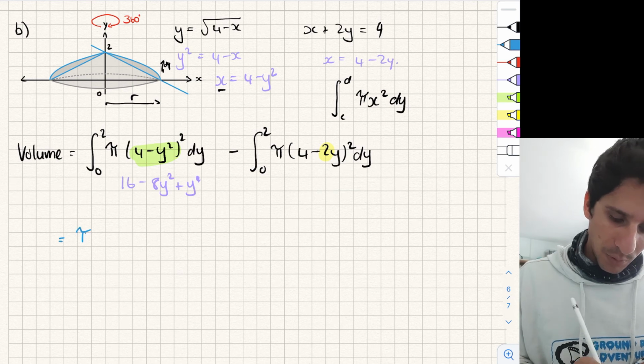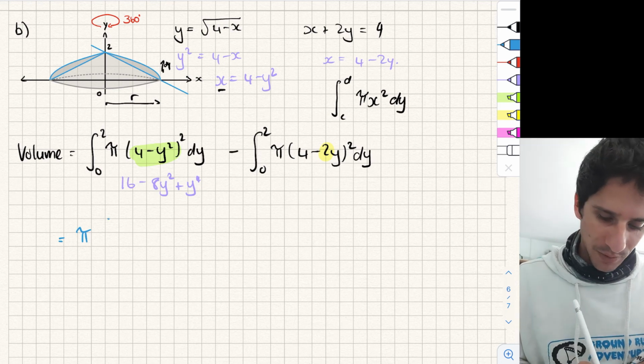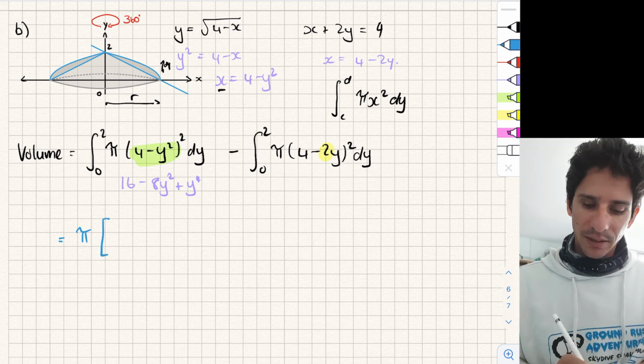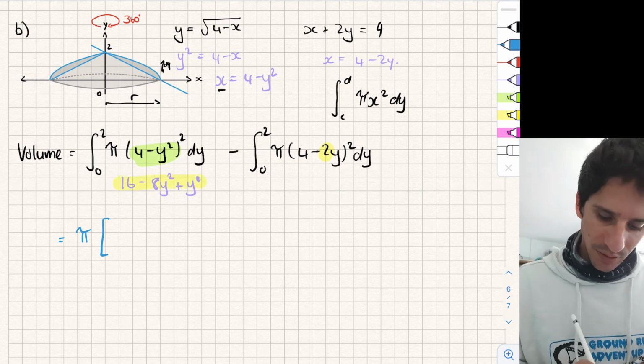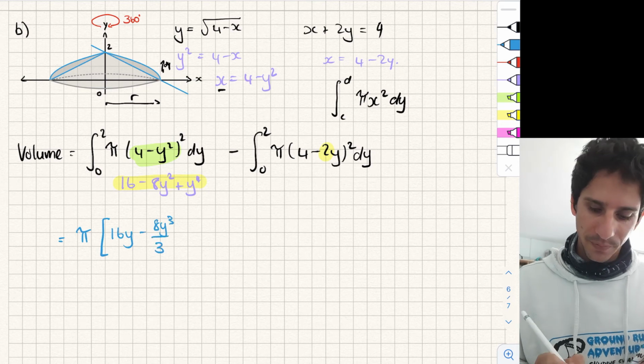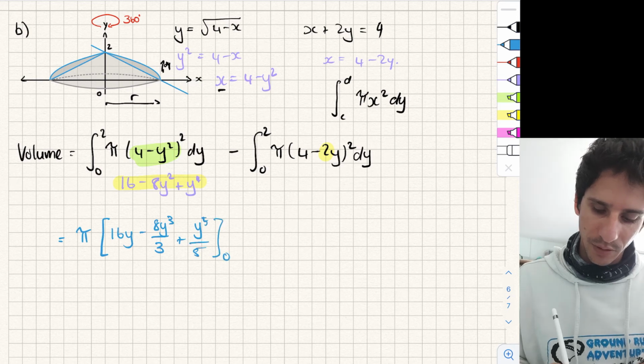I'm going to pull pi out because it's a constant. It doesn't matter, nothing's going to happen to it. Let's anti-differentiate this now. That's going to give me 16y divided by 1 minus 8y cubed over 3 plus y to the power 5 over 5, from 0 to 2.